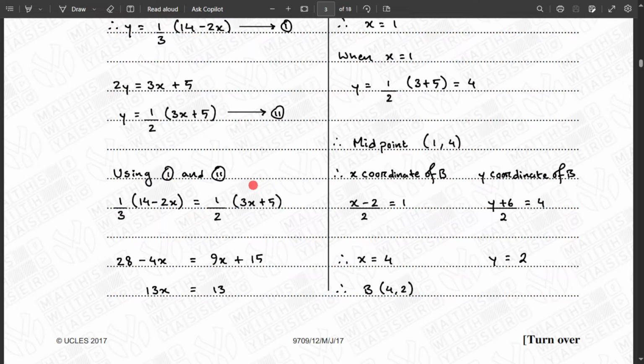So x plus -2 divided by 2 should give us the x coordinate of the midpoint, which is 1. And the y coordinate of B should be y plus 6, where 6 is the y coordinate of the point A. So y plus 6 over 2 should give us the y coordinate of the midpoint, which is 4. So x is equal to 4 and y is equal to 2. And that will be the coordinate for B.